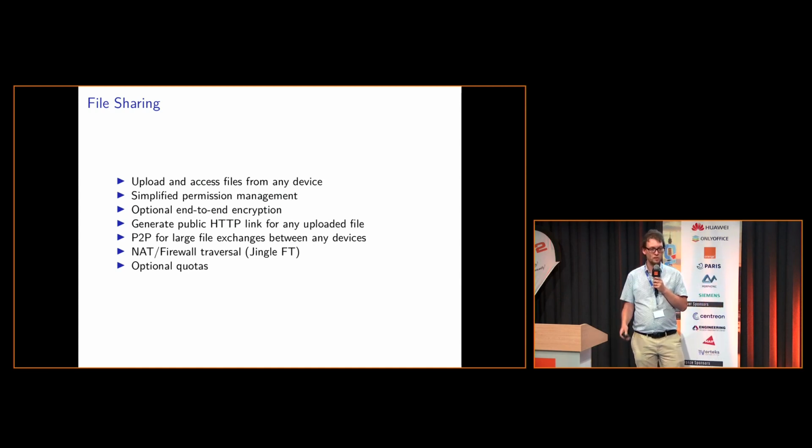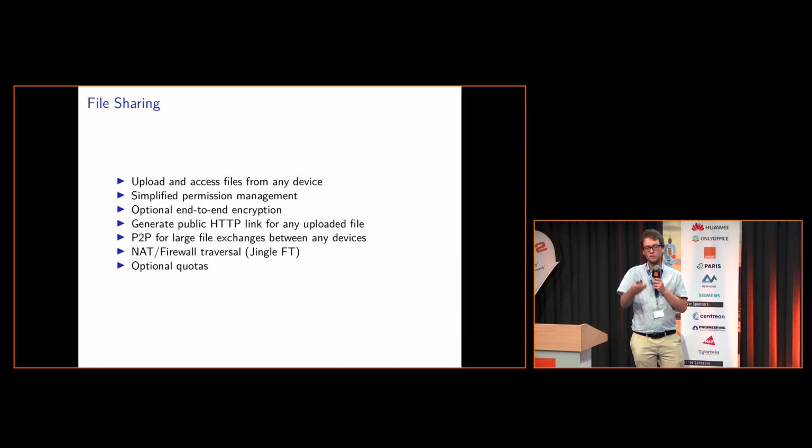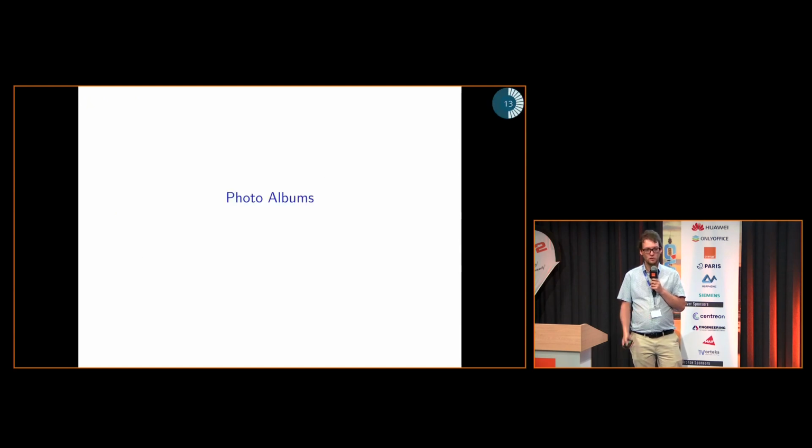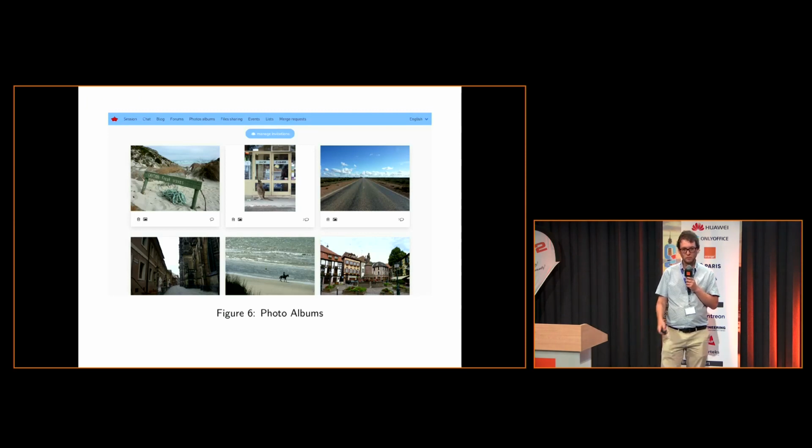You have optional end-to-end encryption. You can send a large file in peer-to-peer. If you want to send a gigabyte file and you don't want to go through the server because it's too big, you can send it directly. It can overcome firewalls, and you can also have optional quotas if you want people to have access only to a few gigabytes of data.